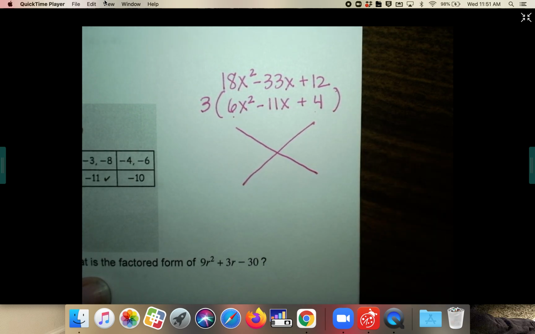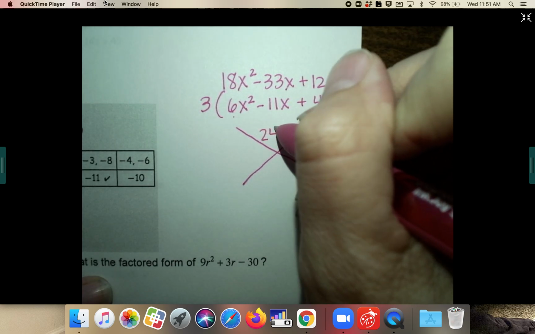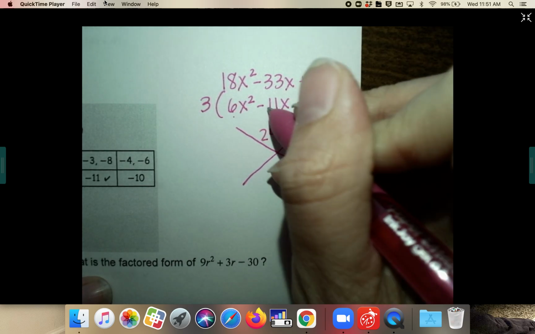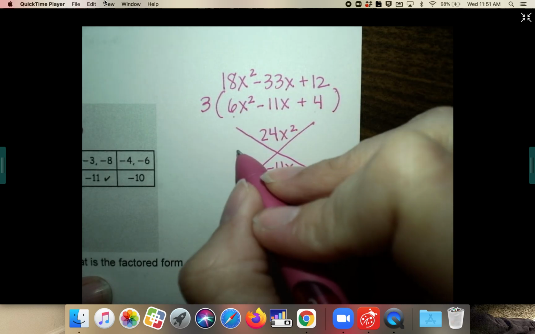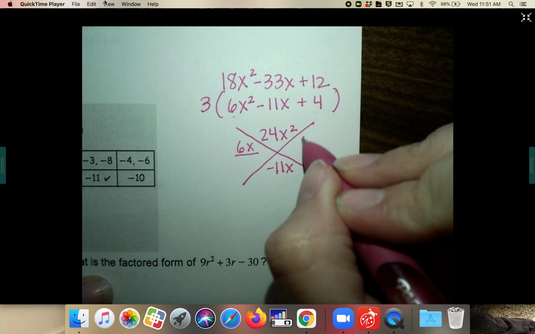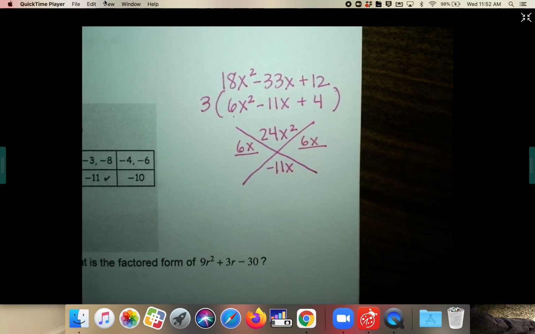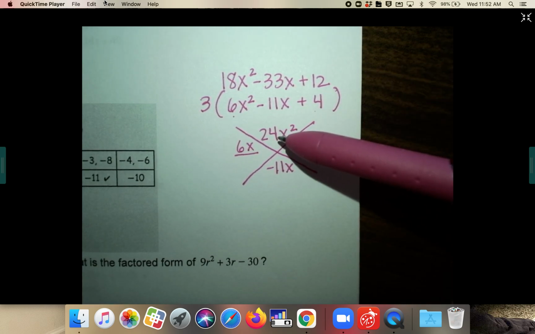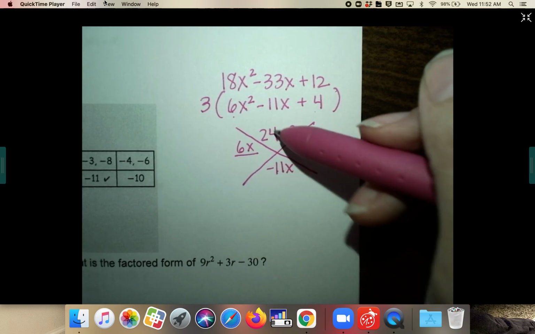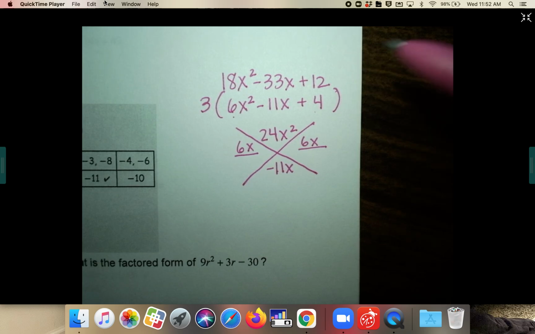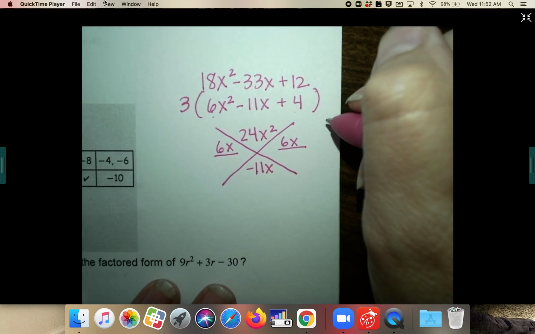So 6x squared times 4 is 24x squared. My b term is negative 11x, and my a term is 6, so I'm going to keep it with x, so 6x over, 6x over. Now we can say, what can we multiply to get 24 and add to get negative 11? That's going to be so much better than whatever 18 times 12 is. So 24, what do you have?